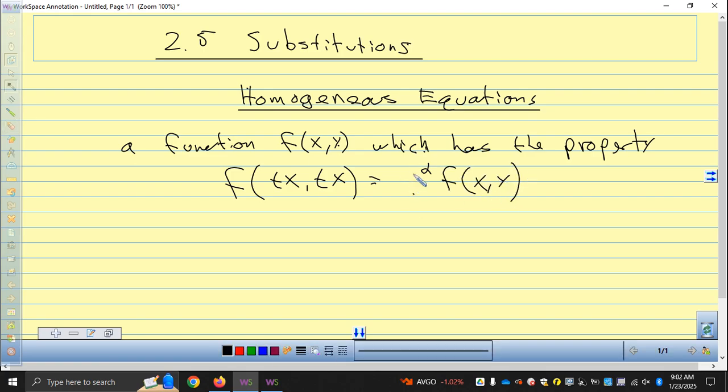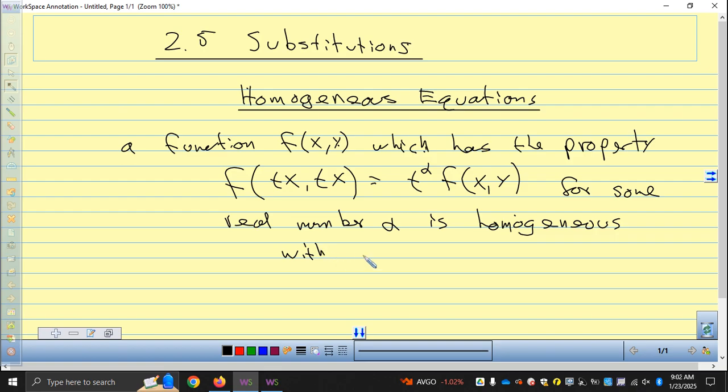So substituting in tx and ty, after performing whatever the function tells us to do, we can factor out some power of t out of the original function. We call that function homogeneous, for some real number alpha, and we say with degree alpha.